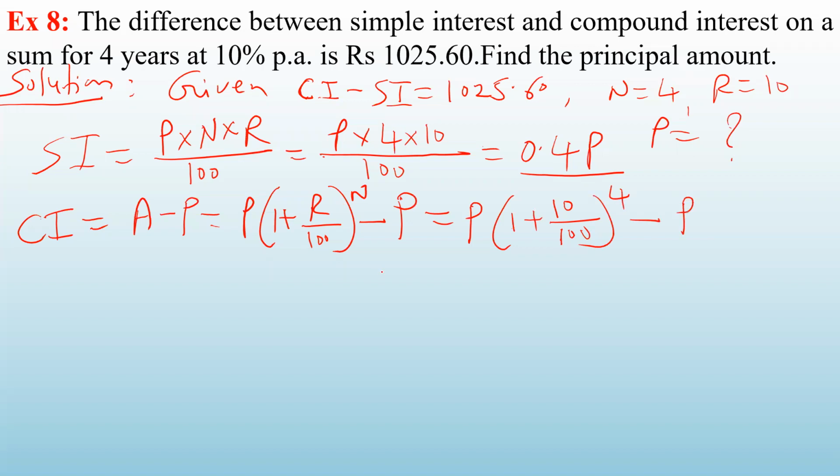Okay, solve this. So it is P into 10 upon 100. 10 upon 100 is 0.1. And when you add it to 1, you will get 1.1 raised to power 4 minus P. That gives you, what is 1.1 raised to power 4?